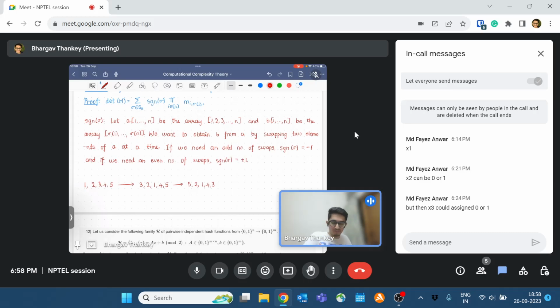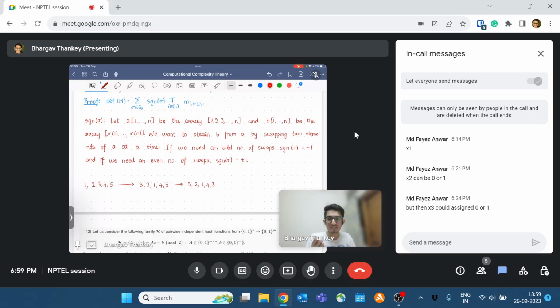This is how the sign is defined. And for what purpose do we require even or odd number of swaps? We just want a different permutation. So you want to get B from A using the smallest non-trivial operation.